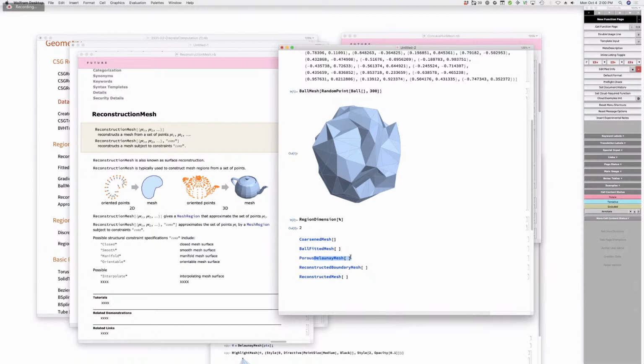So we don't want the word ball in there, I think. So the question is, do we want Delaunay mesh in the name or not? What do you think?